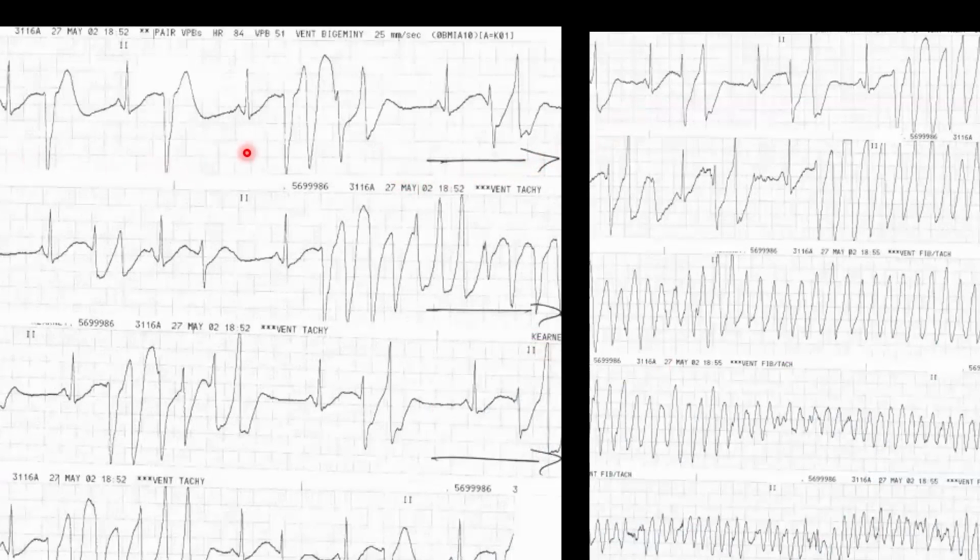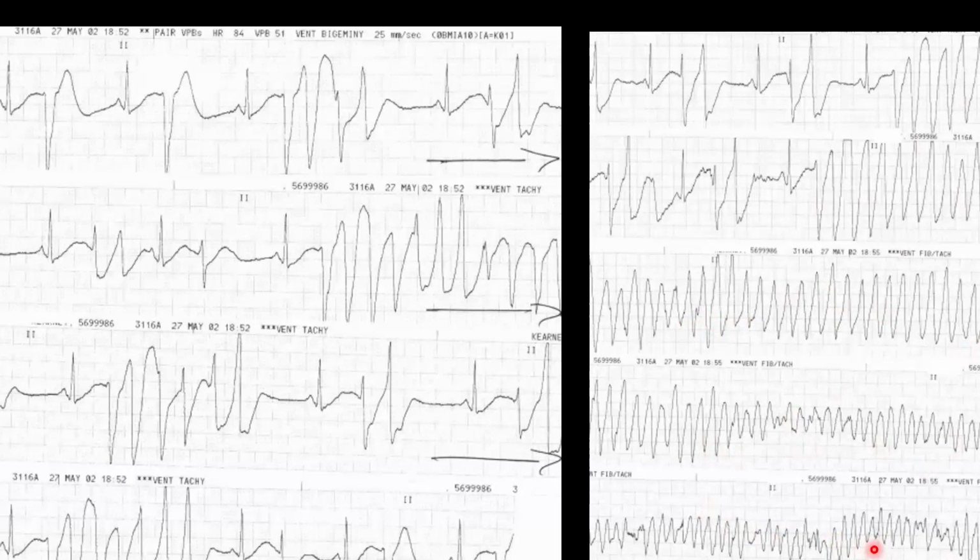Okay, and here are examples of polymorphic VT. You notice that the arrhythmia starts on top of the T wave, right? The vulnerable period. And torsade de pointes is the points go down, then up, then down in the same lead. It's short-lived until it deteriorates to ventricular fibrillation, for which she was cardioverted. Not cardioverted, she was defibrillated.